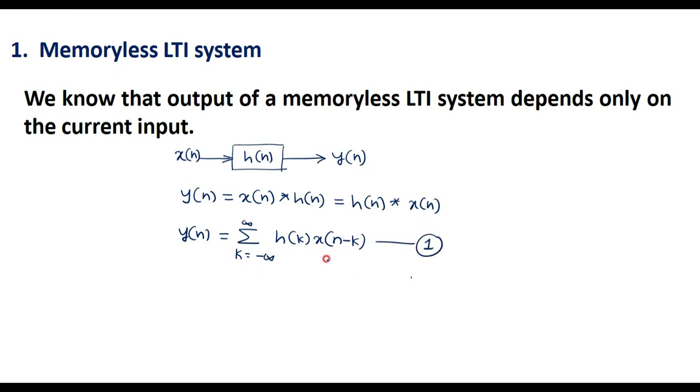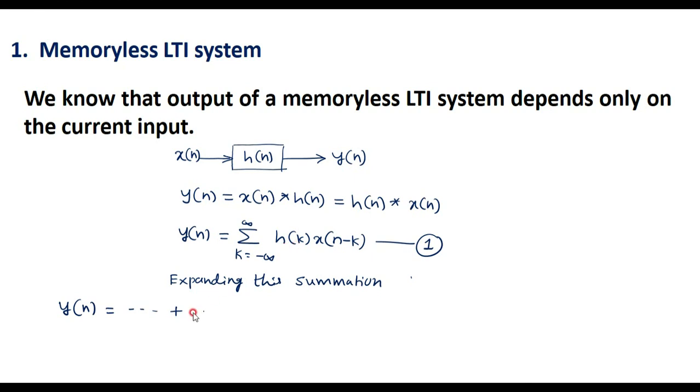Now let me expand this summation. So I can write y of n is equal to, as we know k varies from minus infinity. Let me start with minus 3 samples.